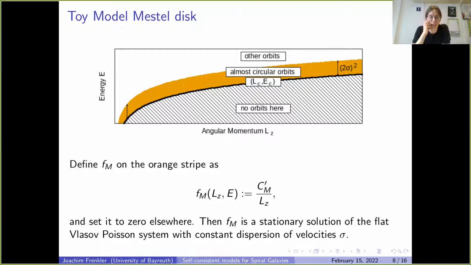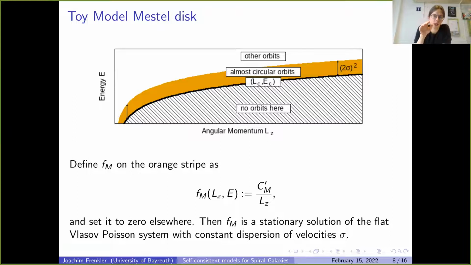And if we choose realistic parameters for sigma, the velocity dispersion, we get a very, very thin stripe. So the stripe is much thinner than sketched here. If I had drawn a diagram true to scale, you would not have been able to distinguish this orange stripe from the black curve of angular momentum and energy on circular orbits.